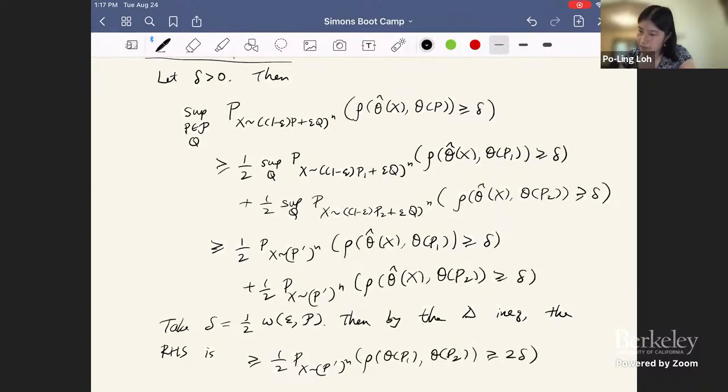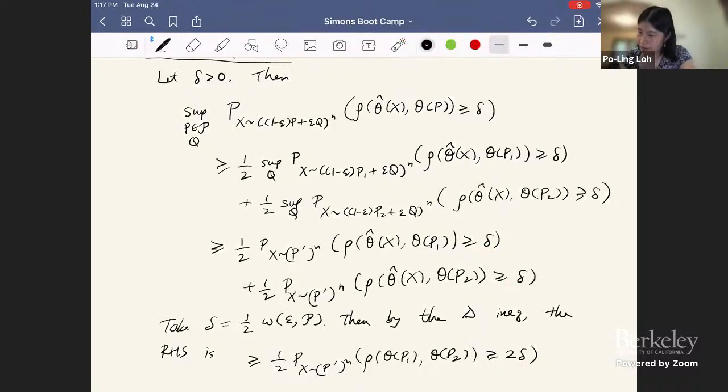And this is because rho satisfies the triangle inequality, so certainly if the distance between P1 and P2 in theta sense is at least 2 delta, then at least one of them has to be bigger than delta.